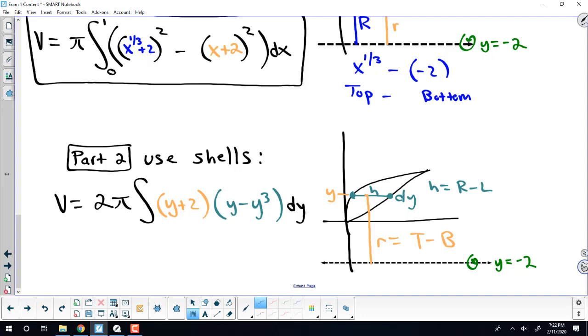So really, if we're rotating this around a different axis using the shell method, the radius is the only thing that's going to change. And then bounds are the same. It's the same region, 0 to 1.